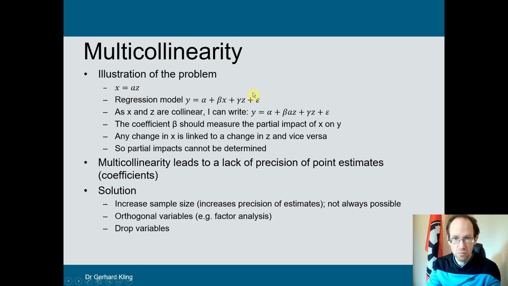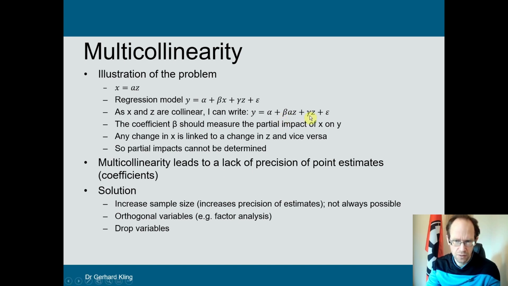Then this regression model can be rearranged as you see below, just by putting x equal to az into the equation.